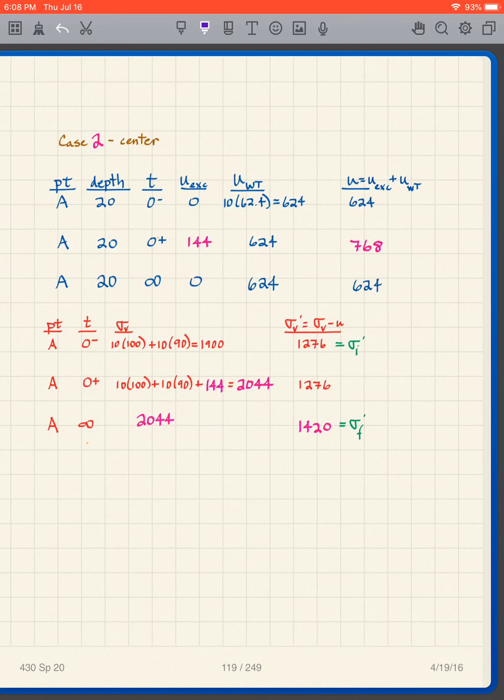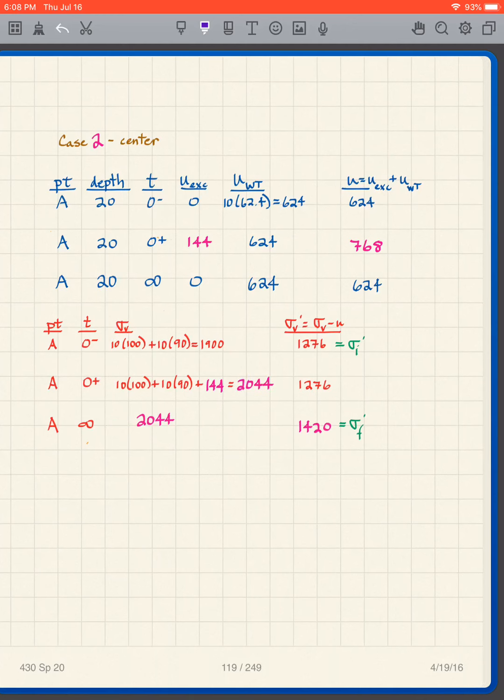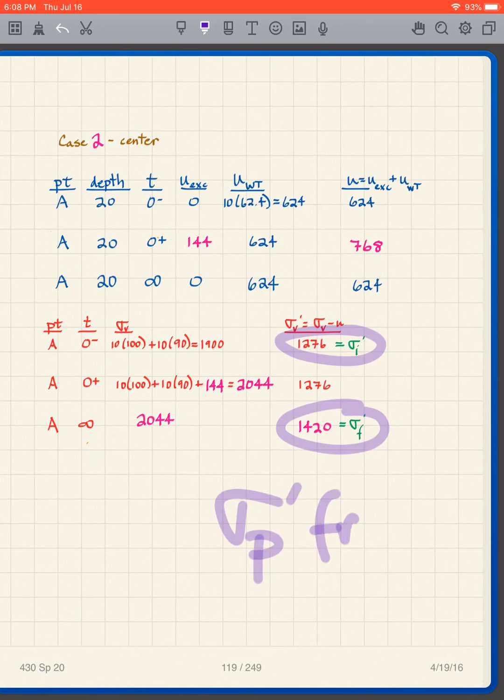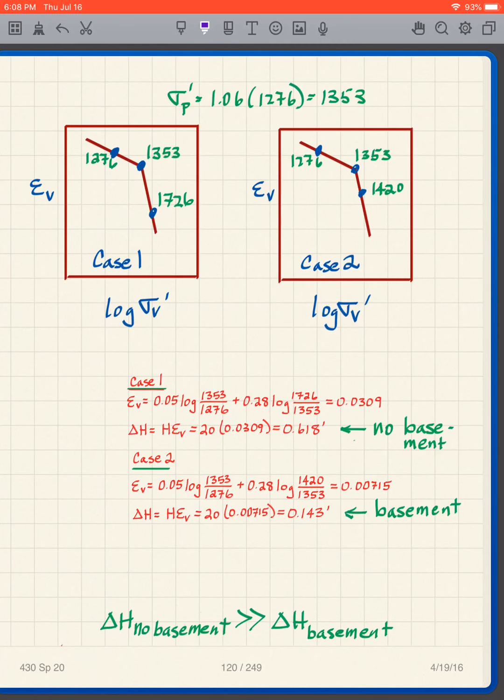And sigma v minus u gives me sigma v prime. And what do I find? There's my sigma prime I, there's my sigma prime f, and again I need sigma prime p. And where do I get it? I get it from the OCR. So those three things will get me to my chart, which I'm drawing.